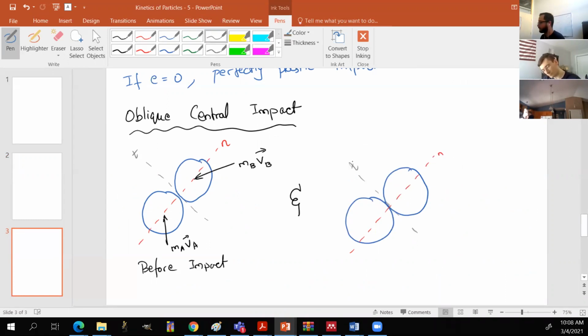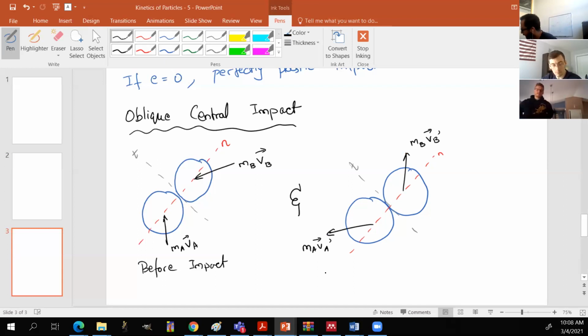That's in the tangential direction like that. And then after impact, what's happening is we don't know what's happening, right? So you'll have, let's say, MA VA prime like that, and then MB VB prime like that, right? And there's 4 unknowns here because you don't know the magnitude and the direction, right?